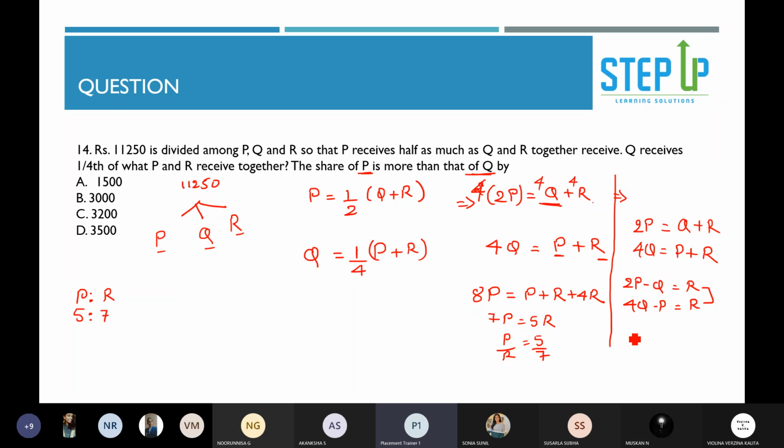So what you will get: 2P minus Q is equal to 4Q minus P, and this will become 5Q, and this will become 3P. So P is to Q will be 5:3. Fair enough.